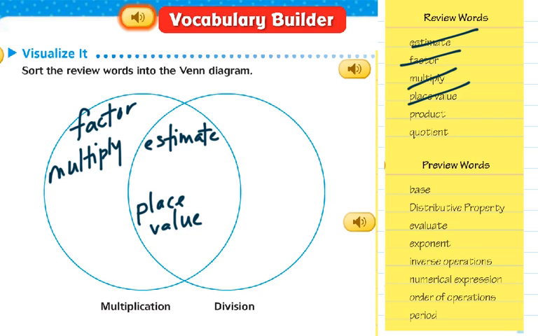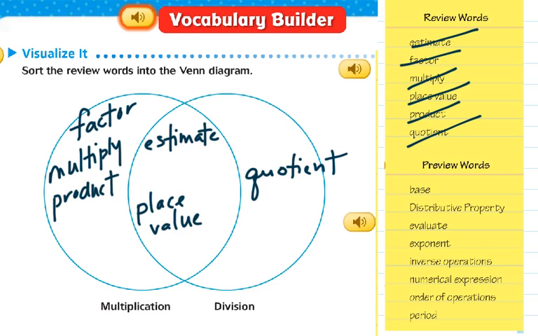And then lastly, when we find the answer in a multiplication problem, we get the product. So we see that we filled in all these words in this part of the circle that related to multiplication. Now, the only one that we have left, which relates to division, is quotient. And quotient is the answer in a division problem.